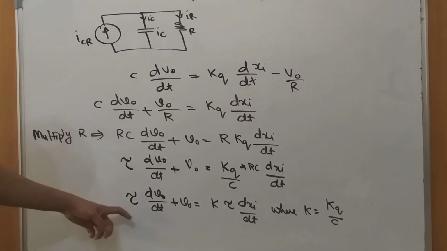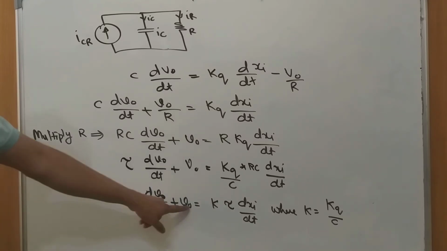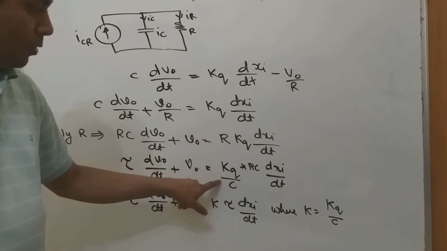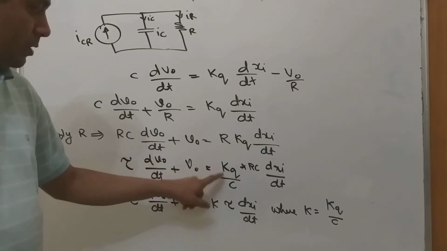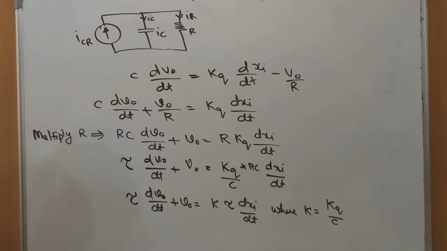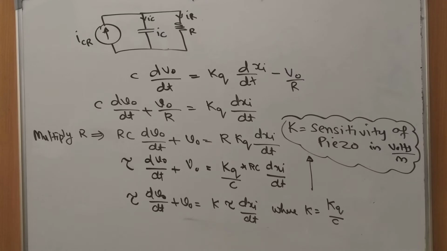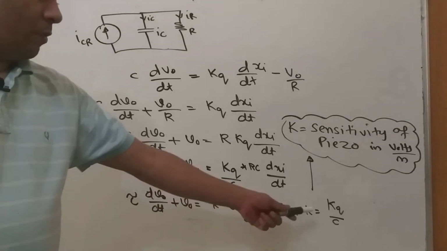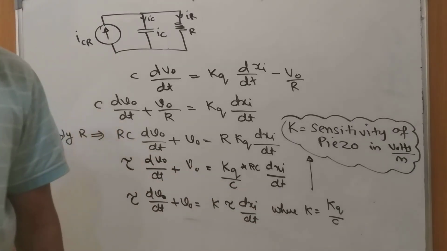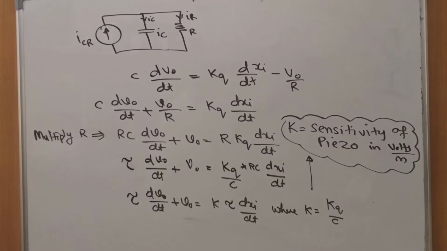If you simplify further, tau dV0 by dt plus V out is equal to KQ by C, which we make a new constant K. So this becomes K times tau dxi divided by dt. The value of K is called the sensitivity of the piezo transducer, given by KQ divided by C. The unit is volts per meter.